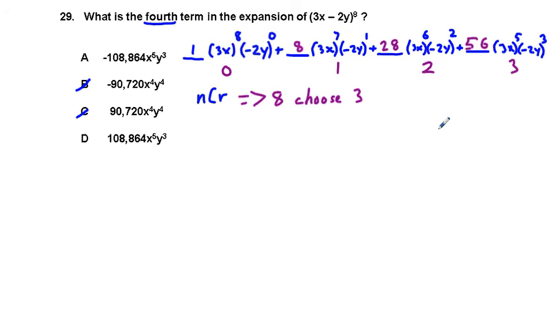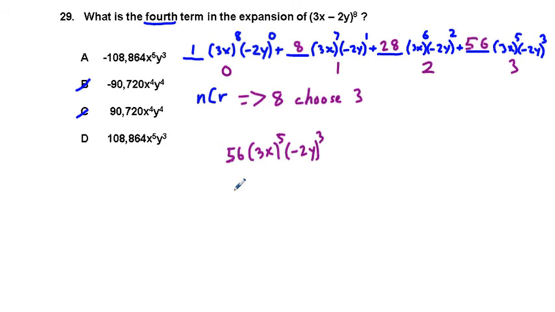So using this term here, our answer is going to be 56 times 3x to the 5th power, and then negative 2y to the 3rd power.